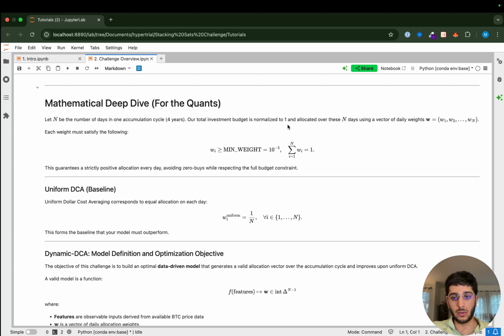We're going to allocate an amount to purchase every day over some duration, which we called an accumulation cycle of 4 years. So we're accumulating over all n days in that accumulation cycle.